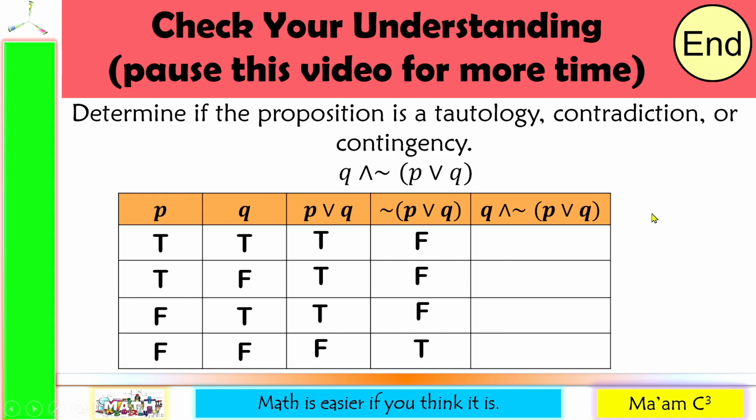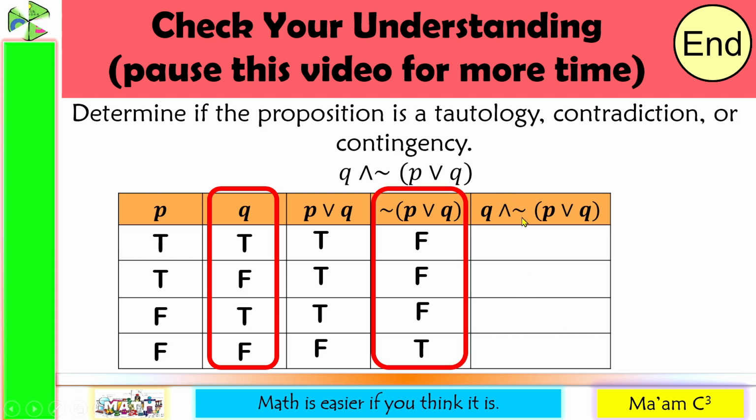The last column, we have Q and not P or Q. Let us focus our eyes on Q and our answer on not P or Q, the last column that we determined. If it is and, then both propositions must be true so that it will be true. Otherwise, it is false. I only have one true, so this is false. Both are false, so this is false.